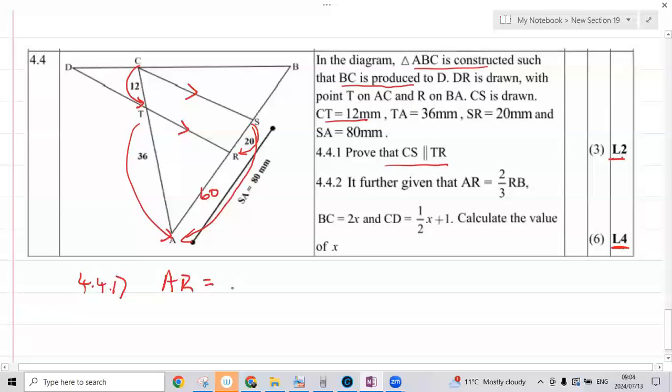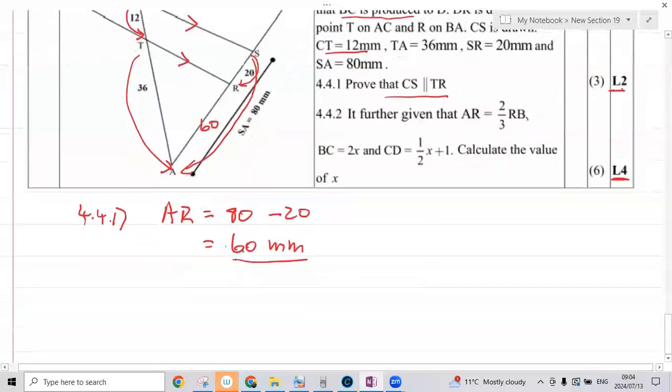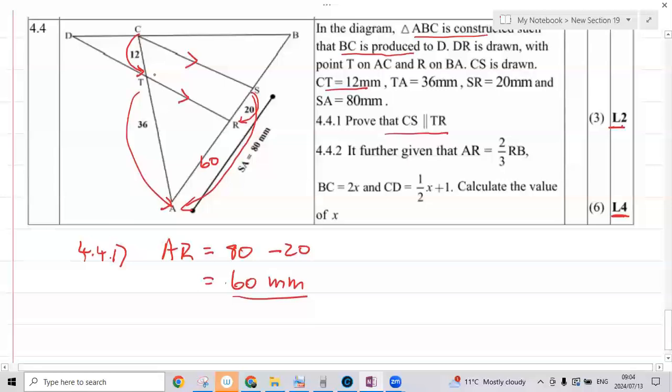How did I get it? AR is equal to 80 minus 20, which equals 60 millimeters, right? Then I'm going to look at proving the sides in proportion. If I can prove the sides are in proportion, then these two lines will be parallel.